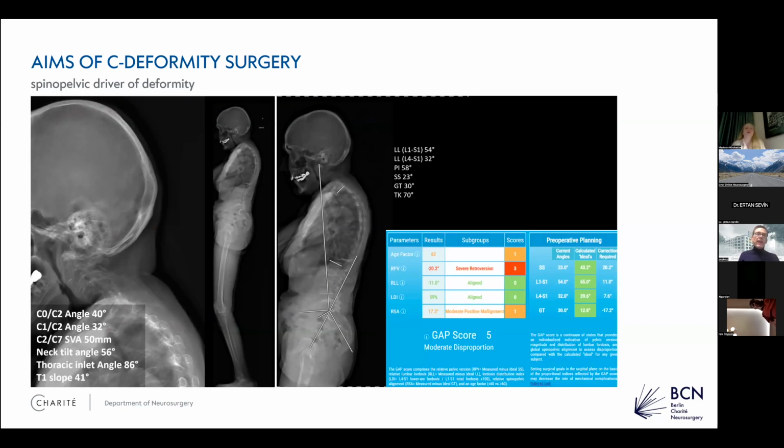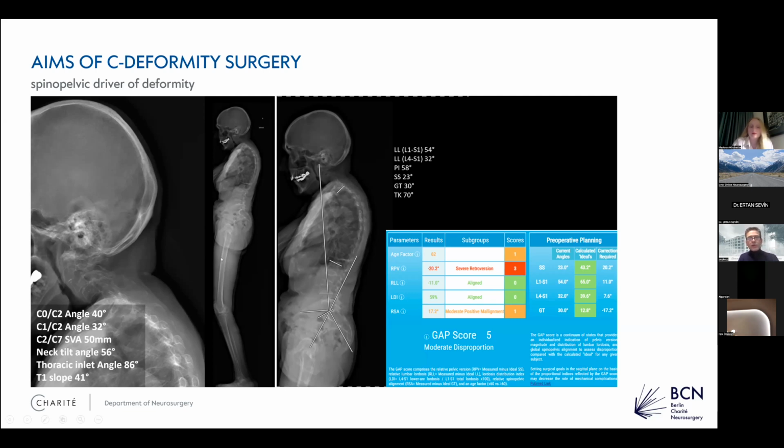And then you have these cases where you have a spinopelvic driver. So this patient is in cervical kyphosis, but you can obviously see that he's compensating for this overall imbalance. The C2-C7 plumb line was more than 4 centimeters, so you would assume that the patient has a cervical deformity or a cervical kyphosis.